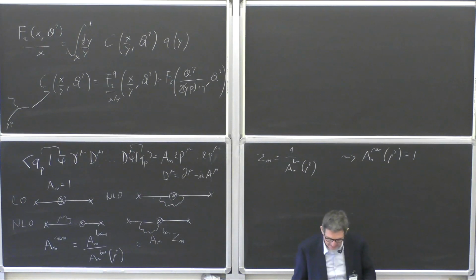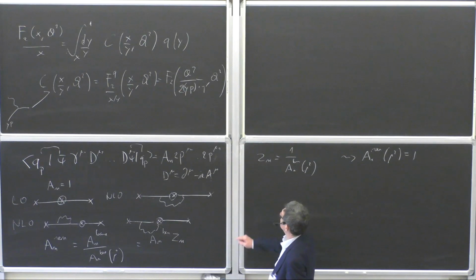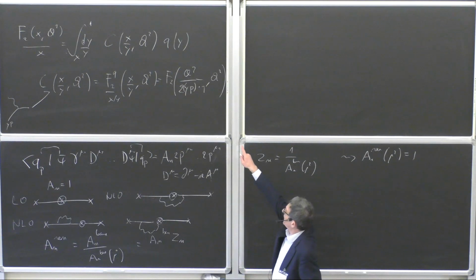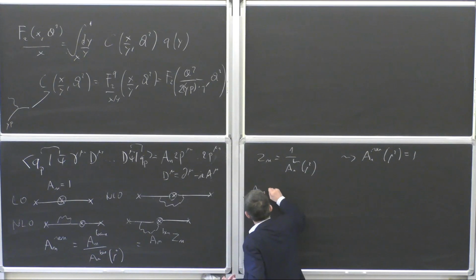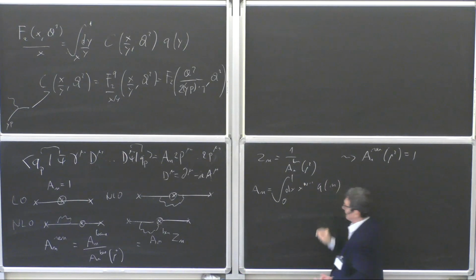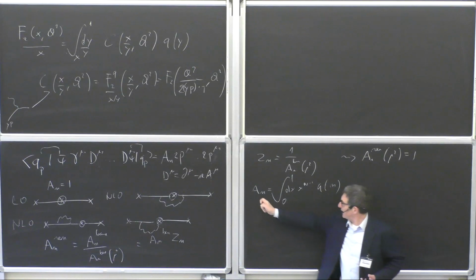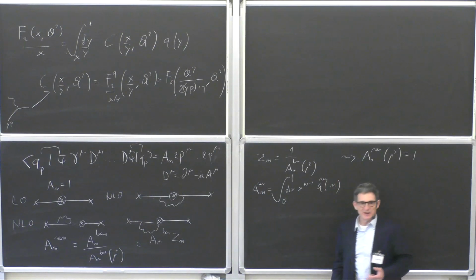And this then means that the operators which appear up there, so remember the operator matrix elements, the A_n are the Mellin moments of the PDF, all right? So these guys now renormalized are the Mellin moments of a renormalized PDF.